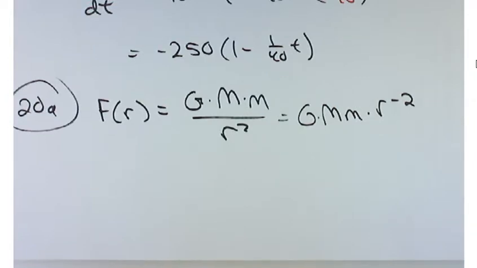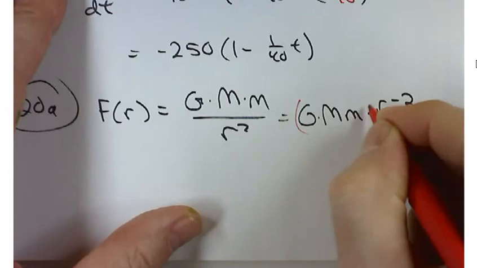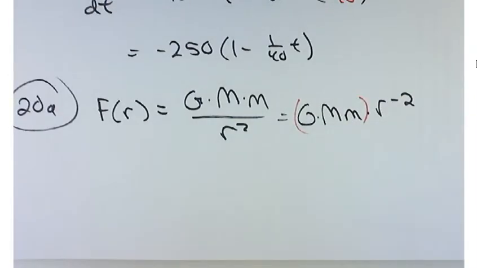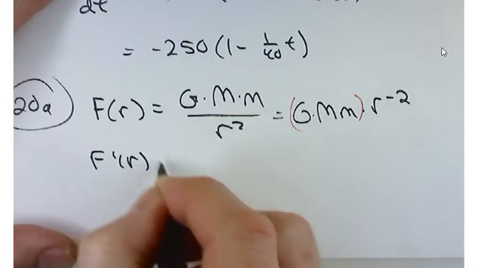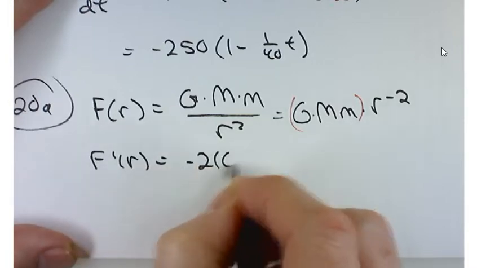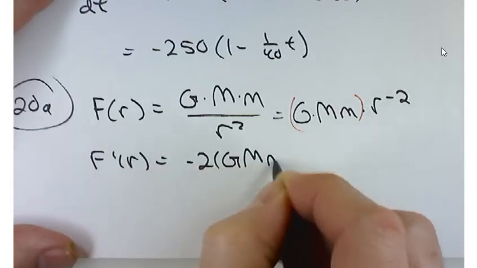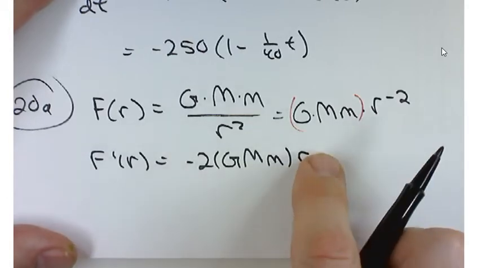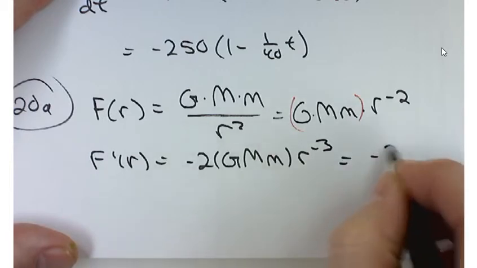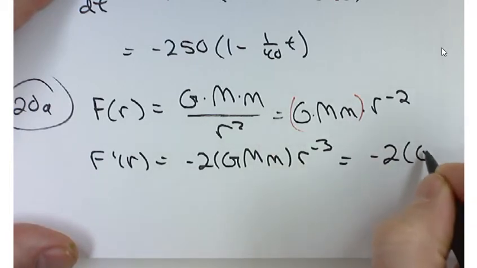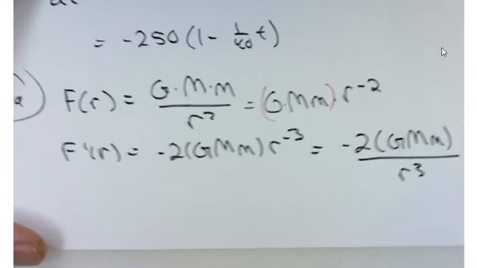So that is all just a constant, and we can leave that alone, and the negative 2 comes out in front. So F prime of R is going to be negative 2 times G, M, little m, R to what power? Negative 3. So negative 2 G M m over R cubed.